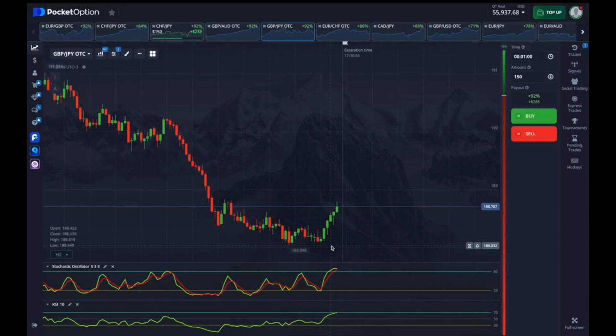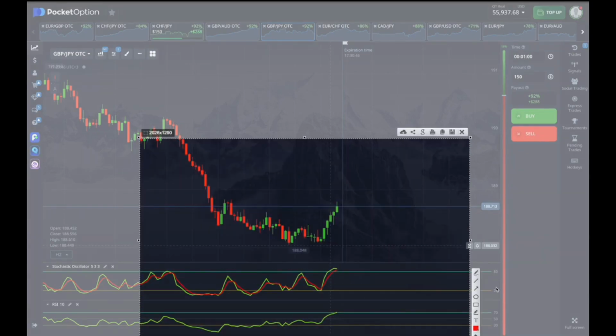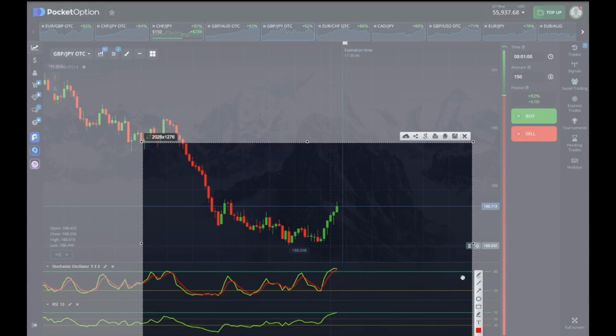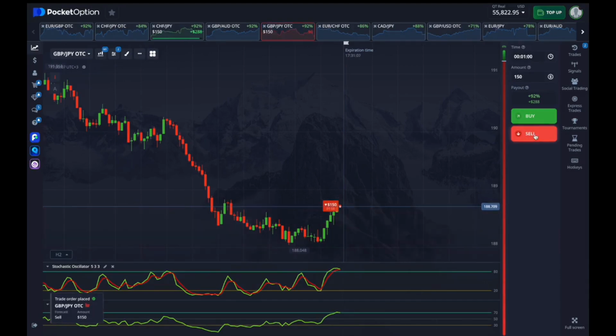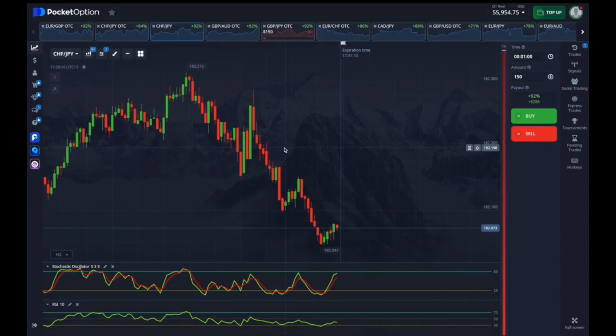Let me show you this trading setup. As you can see, our indicator is showing overbought conditions, and here as well, the indicator is showing overbought, and from the candlesticks, we can see that we should be moving lower. That's why here it's $150 on the sell side. The second trade closes with a profit of $288.